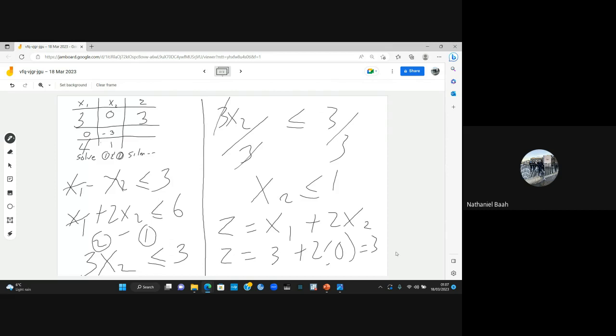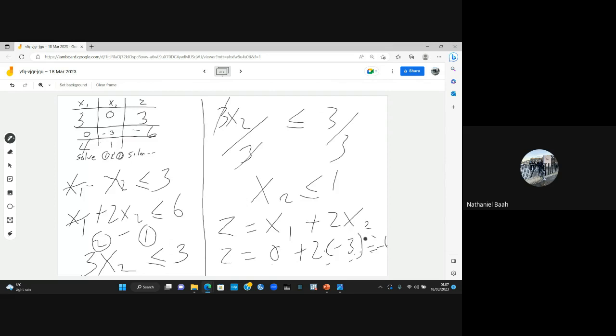Good. Let's continue. When x1 is 0 and x2 is negative 3. So let me erase this. Let me erase this too. So when x1 is 0, and x2 is what? Negative 3. So I'm going to get 2 times negative 3. So that is going to give me negative 6. We have minus 6 here.